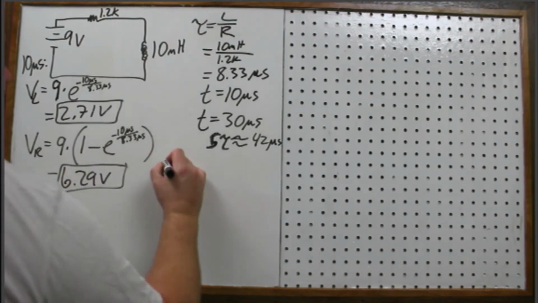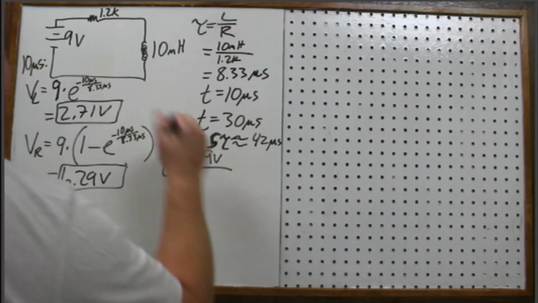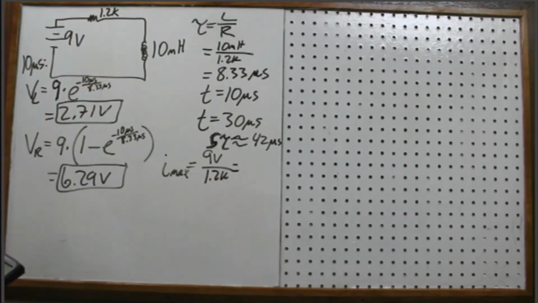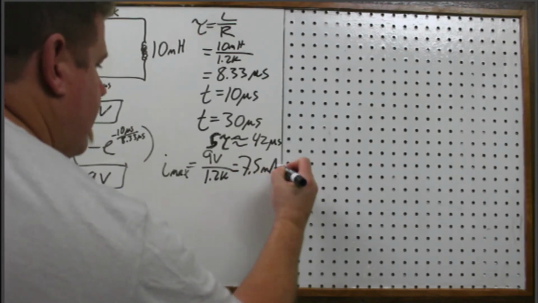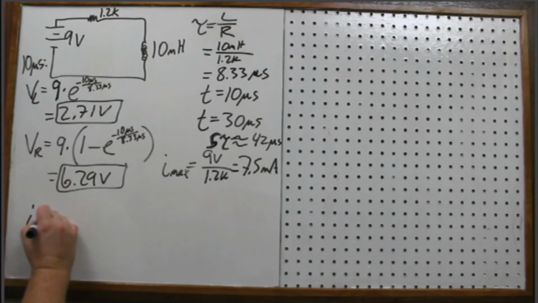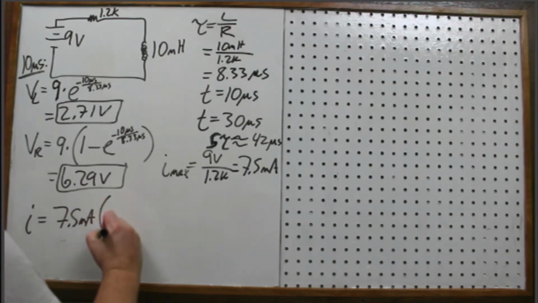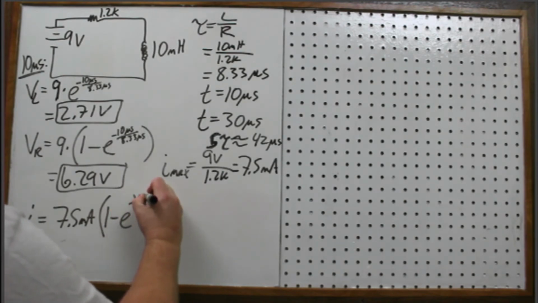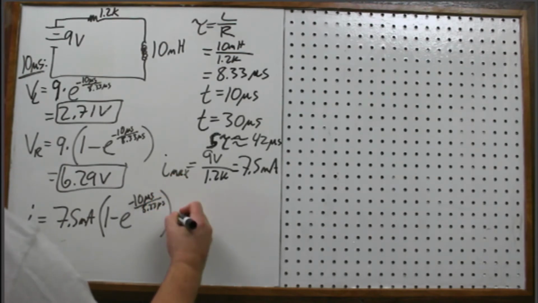Okay, so my I max in this case is 9 volts divided by 1.2K. That's my only resistance here. So 9 divided by 1.2, and I get 7.5 milliamps. So for I, at this point in time, 10 microseconds, we've got 7.5 milliamps times 1 minus e to the negative 10 micro over 8.33 micro.